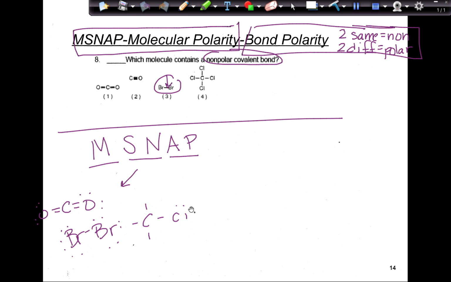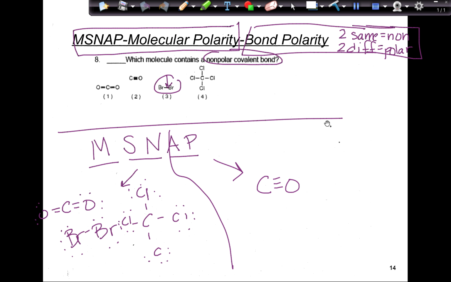The CCl4 is also a symmetrical nonpolar molecule. These are getting a little bunched up. Sorry about that. So those are all symmetrical nonpolar, and CO here is an asymmetrical polar molecule.